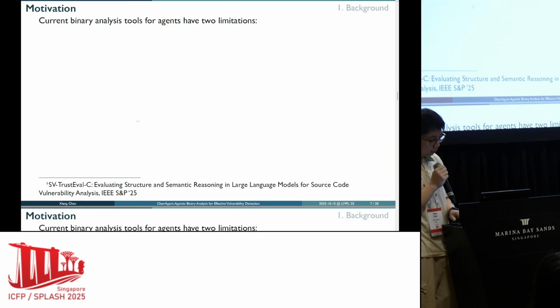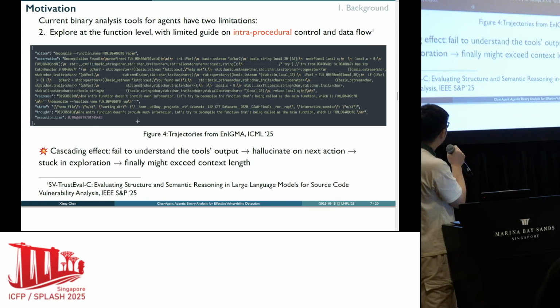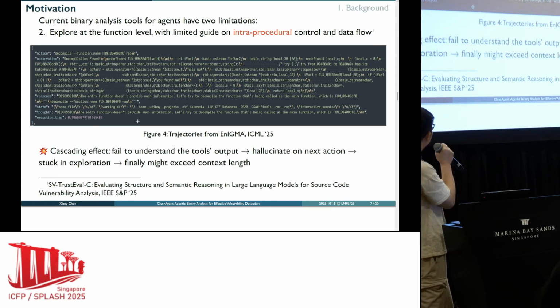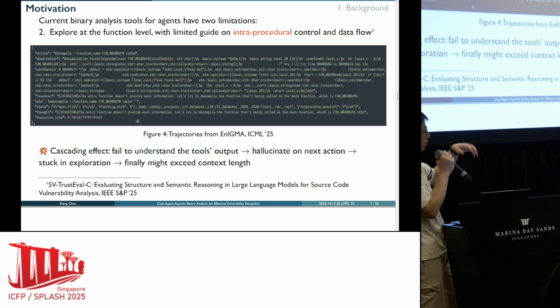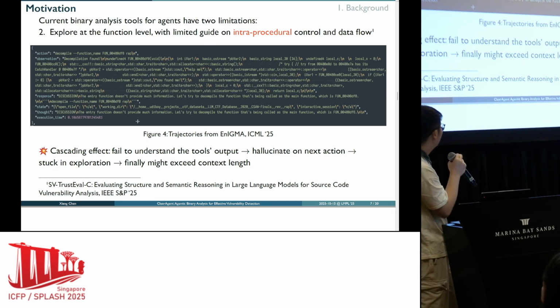The second one is that previous binary analysis agents only explore at the function level, which means that they just provide the whole function body to the LLM and let it reason. But recent studies show that LLMs cannot correctly reason about control flow and data flow, even given the source code, let alone the binary code.